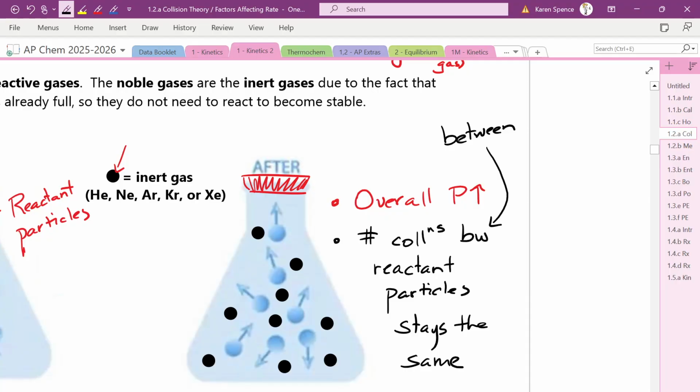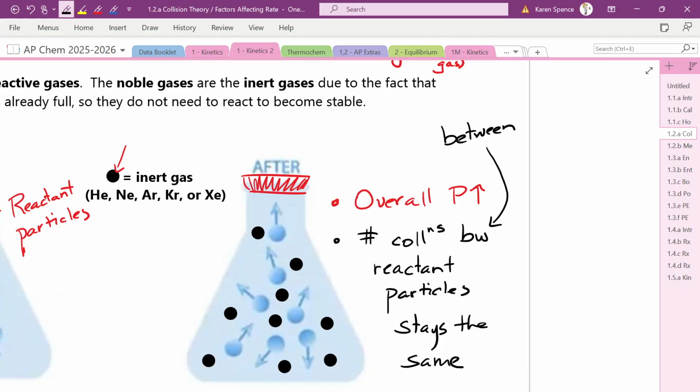Sometimes people don't like that they stay the same. There's more stuff, there will be more collisions. There will be more collisions between any old particles, but you're going to have more collisions between reactant particles and non-reactive particles, but the ones between the reactants themselves will stay the same. The other thing you have to remember is, of course, how much volume do the actual gas particles take up?